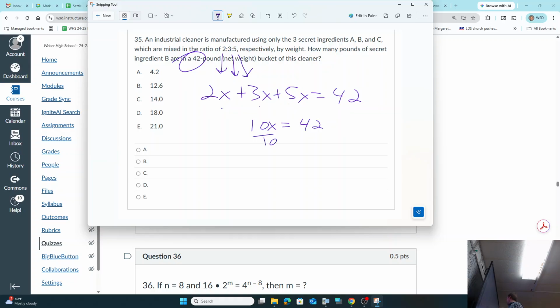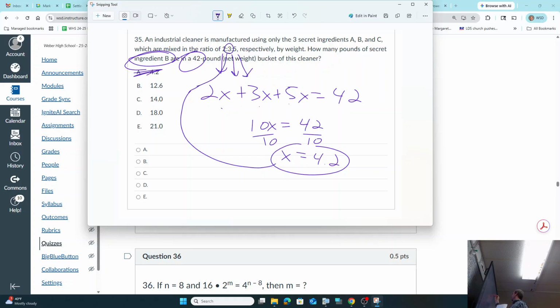We divide by 10, so x equals 4.2. Then we take that 4.2 and plug it back in for ingredient B. Ingredient B is 3x, so we do 3 times 4.2. That gives us 12.6, which is B.